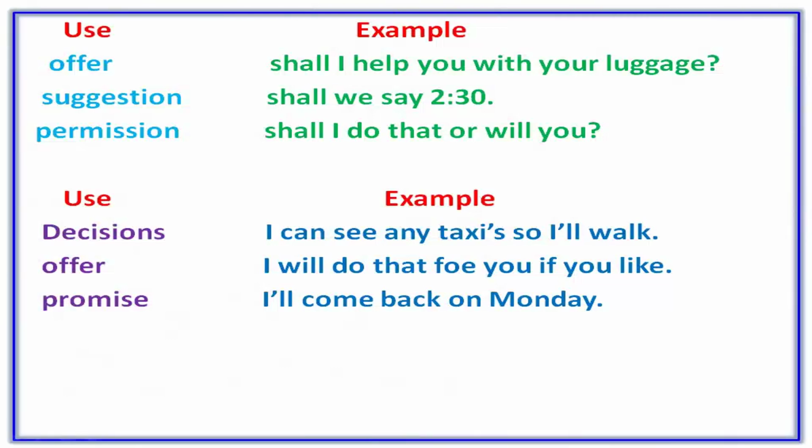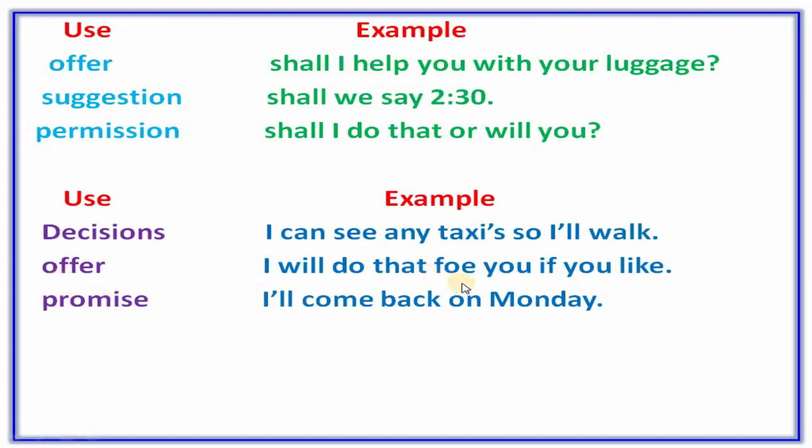Uses and examples. Offer: shall I help you with your luggage? Suggestion: shall we say 2:30? Permission: shall I do that or will you? Use of will for decisions. Example: I can't see any taxi, so I will walk.